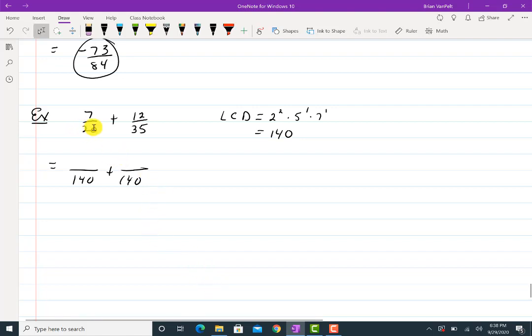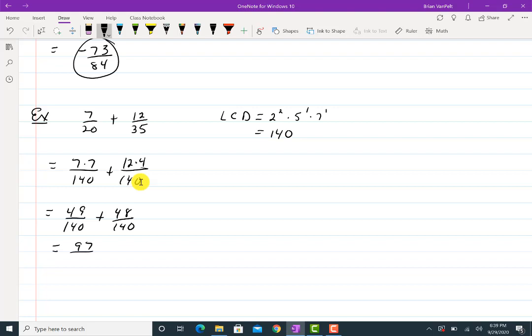So 20 goes into 140 7 times. So I have to multiply the numerator by 7. 35 goes into 140 4 times. So I have to multiply the numerator by 4. So we have 49 over 140 plus 48 over 140. That equals 97 over 140. Now I know it's done. I just happen to know that 97 is a prime number. So you're not going to be able to cancel anything because nothing will go into 97.